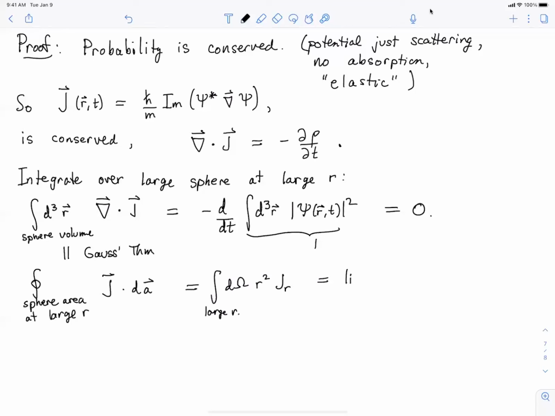So this is the limit as r goes to infinity of r squared, since we're only integrating over angles. And then there's just plugging in what the current is. It's h bar over m, the imaginary part of psi star partial r psi. Okay, so that has to equal 0 because of the line above it.